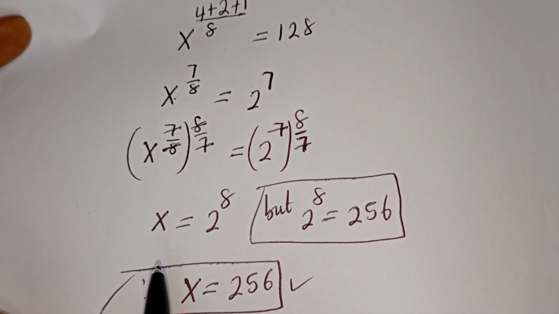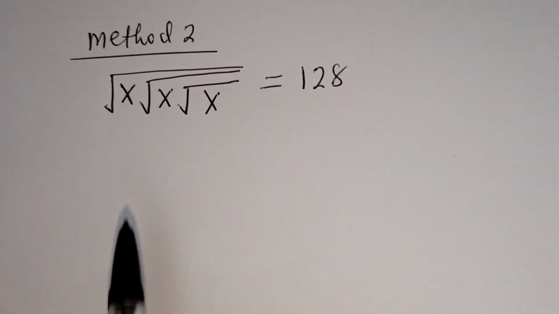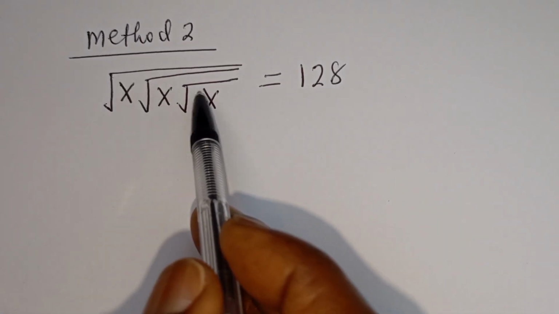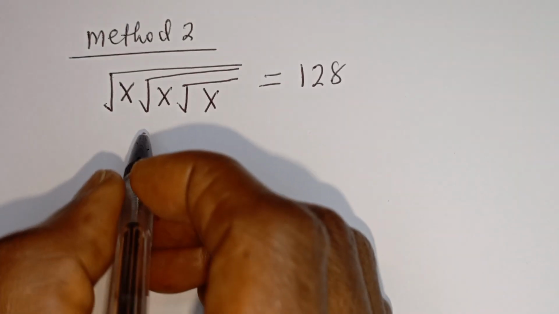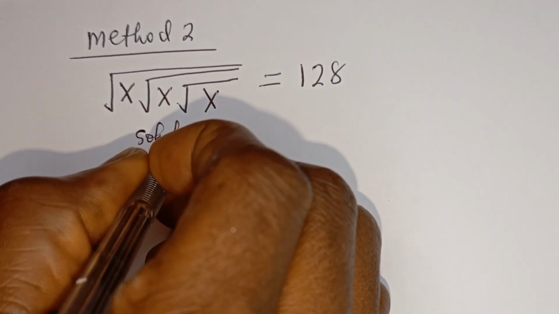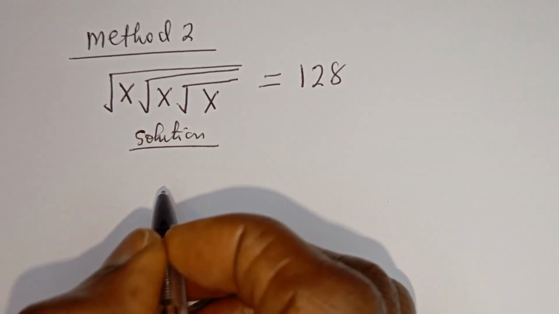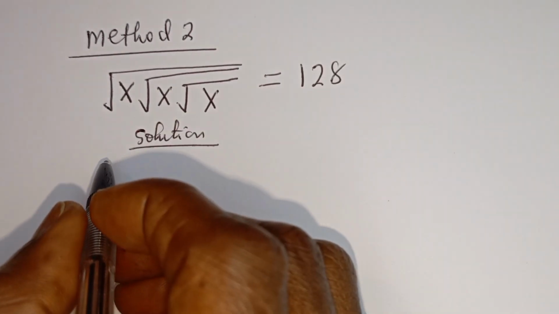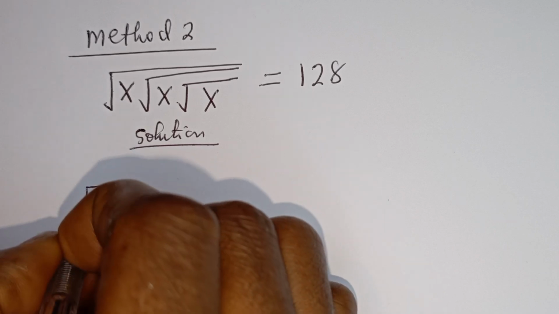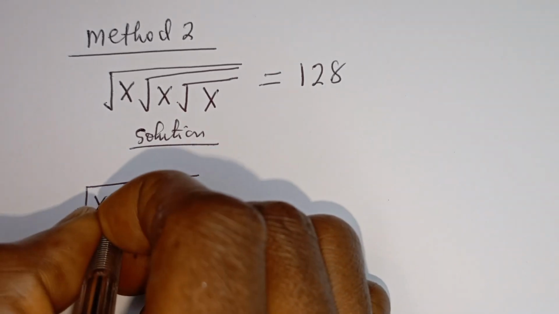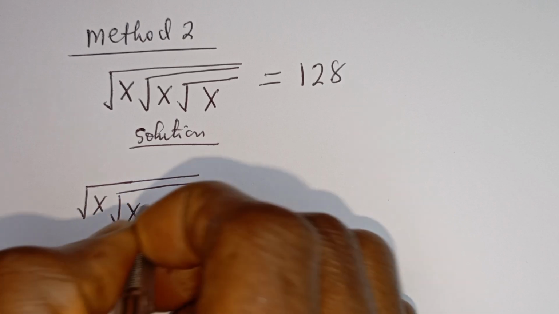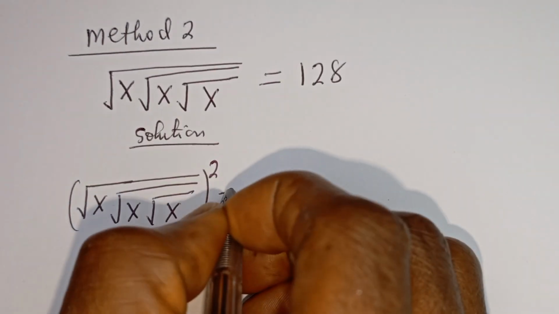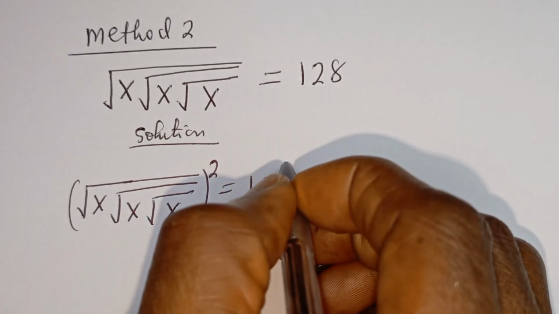Now let's consider the second method, called method 2. From the second method, we have this given equation again: square root of s, square root of s, and square root of s is equal to 128. Solution. Here, let's take the square of both sides, that is square root of s, square root of s, square root of s, all squared is equal to 128 squared.